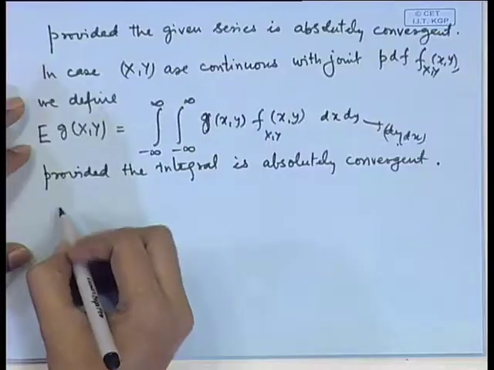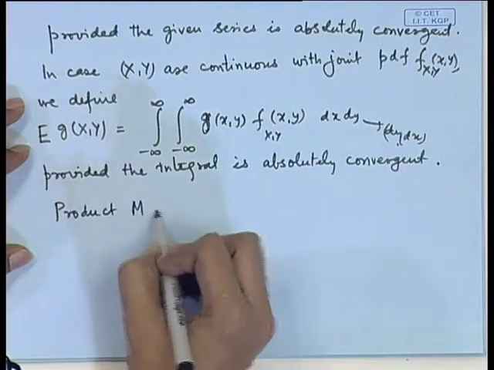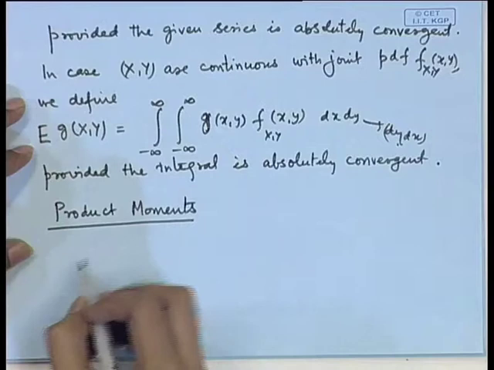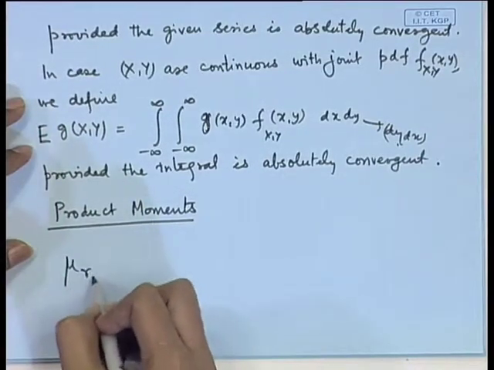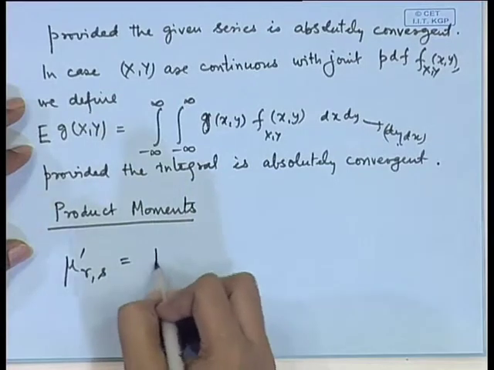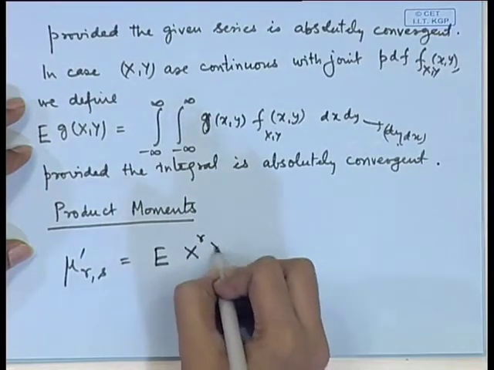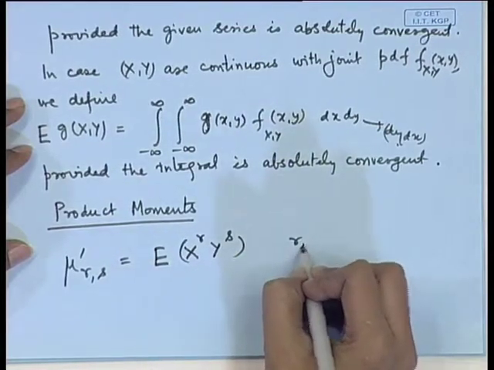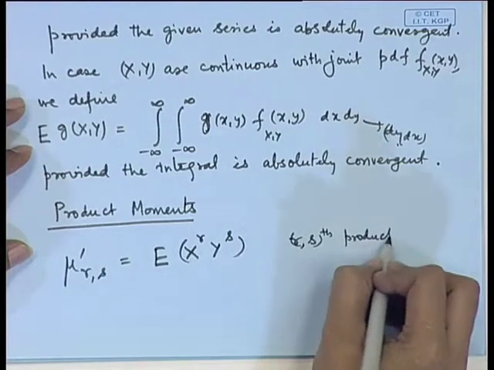Now, in particular we will be concerned about product moments. So, we define mu_{r,s}' as expectation of X to the power r Y to the power s. This is the (r,s)th product moment.